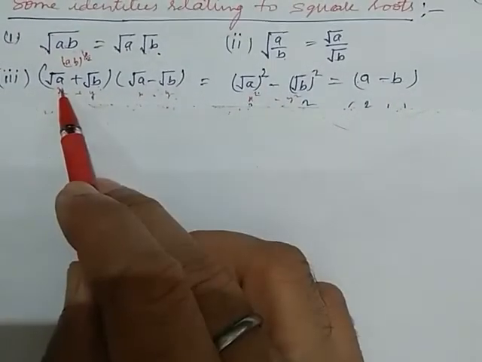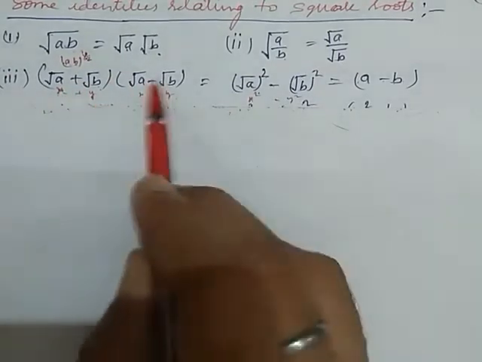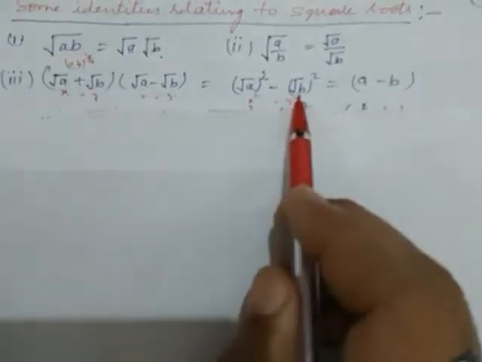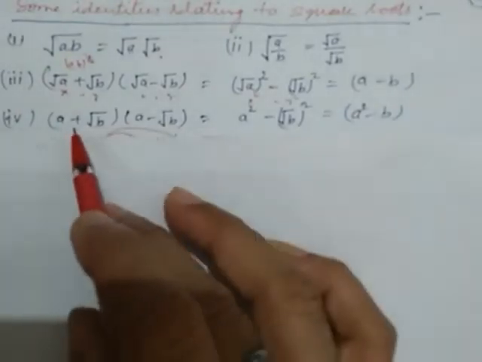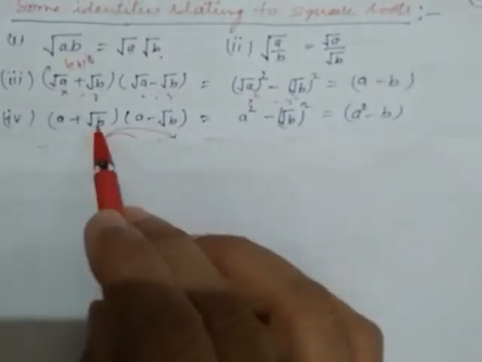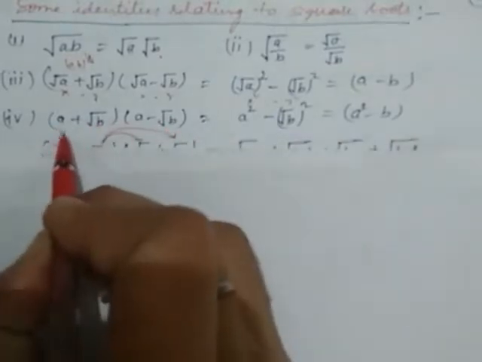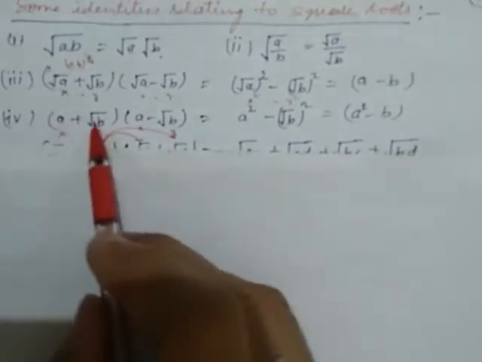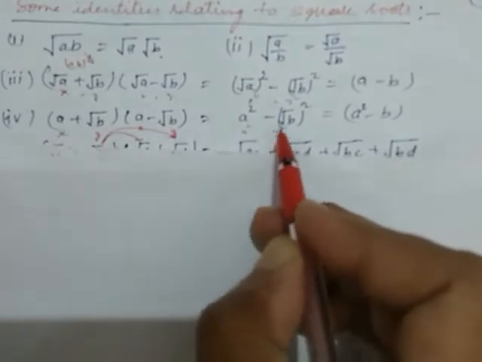This way, if the signs are opposite, (X plus Y) into (X minus Y) becomes X square minus Y square. By taking the help of this identity, we get this. Now if we have A plus root B and A minus root B, here this is X and this is Y, so X plus Y, X minus Y. Again this is X square minus Y square.